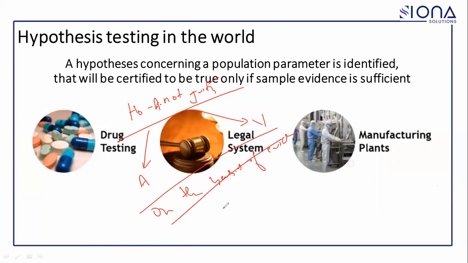Based on the evidence given, if the judge has found that the accused is guilty, under section so and so some punishment is going to be announced. Does the judge say that I am 100% confident that the accused is guilty? No. So the court believes in hypothesis testing.